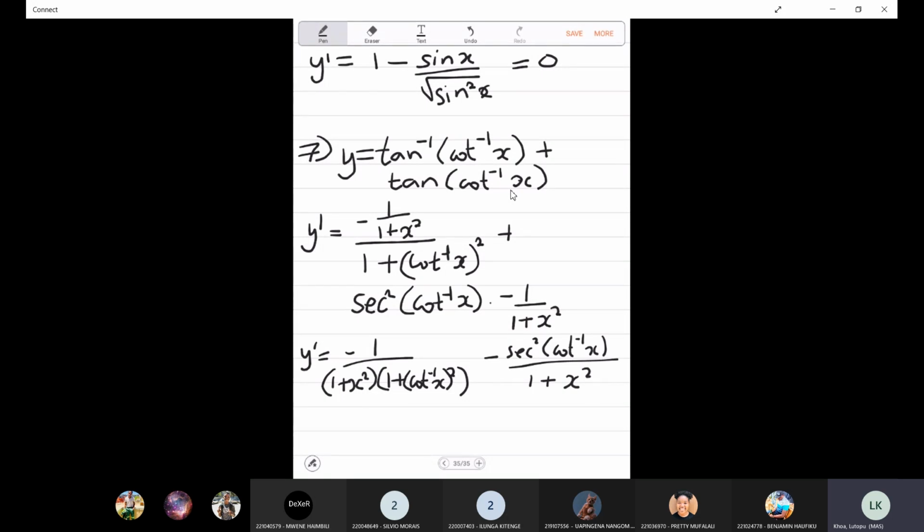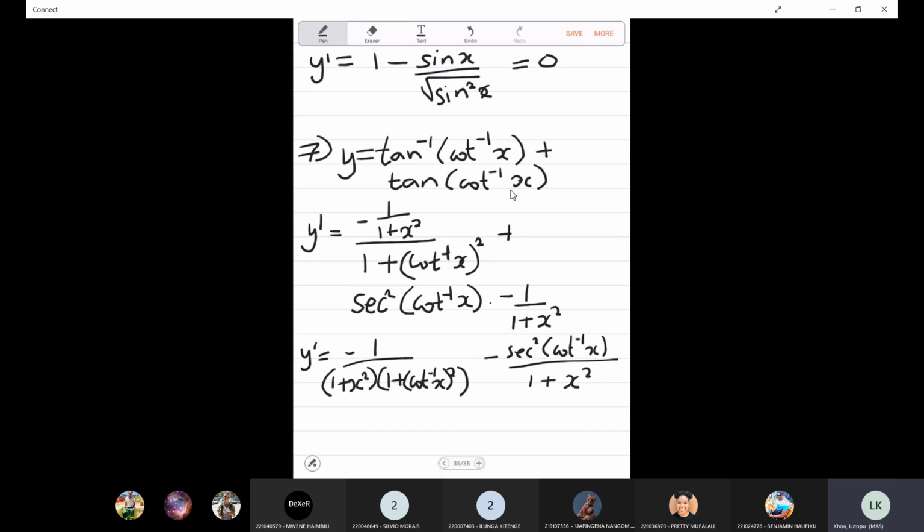There isn't really anything that can cancel, and trying to combine the fractions will be quite tedious, so we can leave it like that.